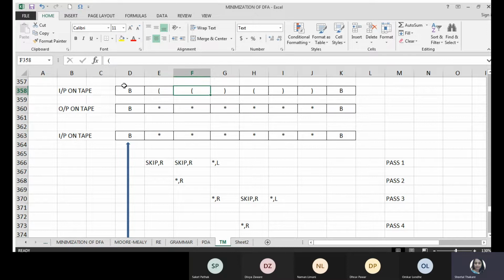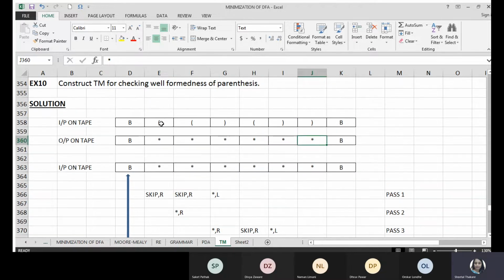Capital B is also considered as input symbol, but the tape symbols or the input symbols are getting modified by these additional symbols. So they are representing tape symbols. So here sigma will have left and right parenthesis, whereas tape symbol will have star and capital B.